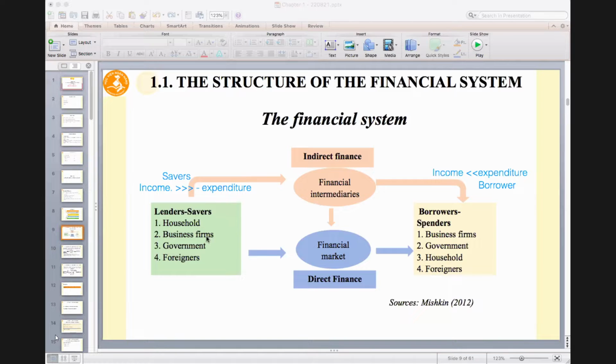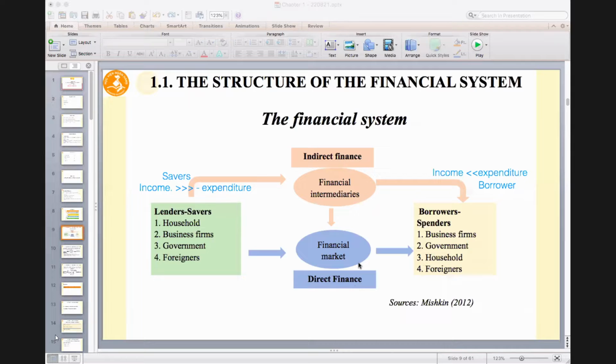So due to the demand of both parties, the capital will flow from the saver to the borrower, right? And how does the capital flow from the saver to the borrower? There are 2 ways for the capital to channel from the saver to the borrower.